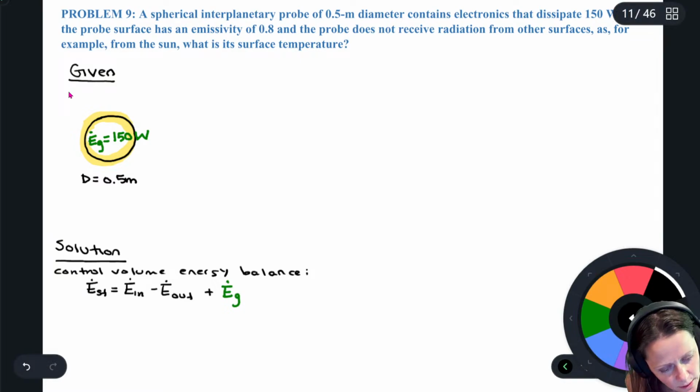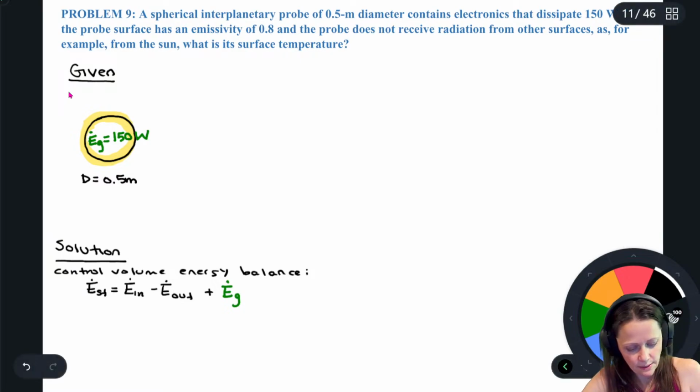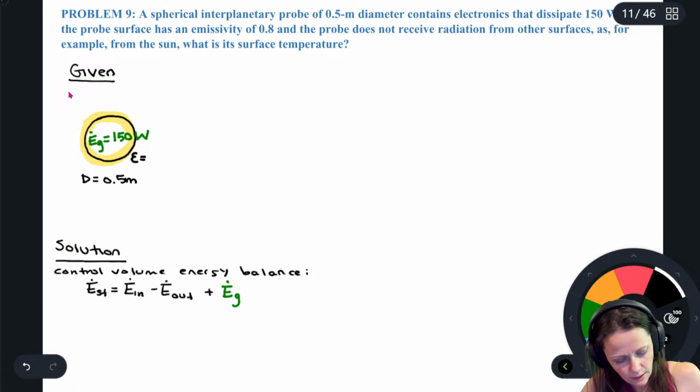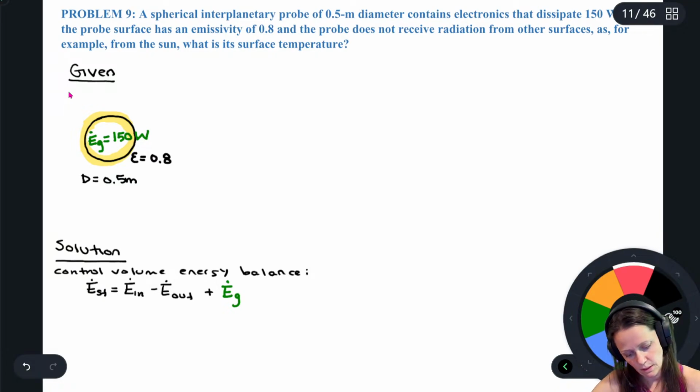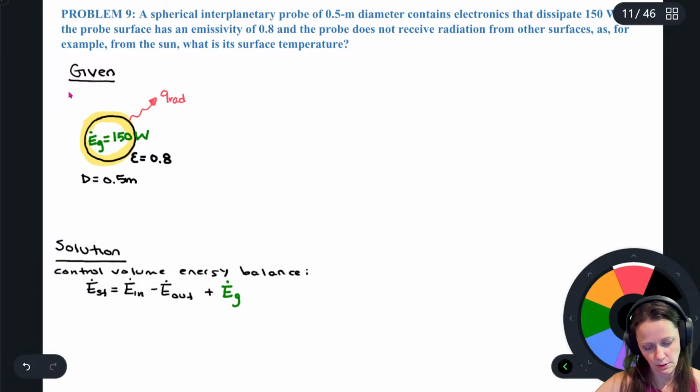Okay, so then the probe has an emissivity of 0.8. So it's clearly irradiating something. So this is my Q radiation.